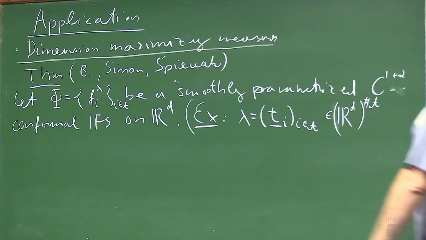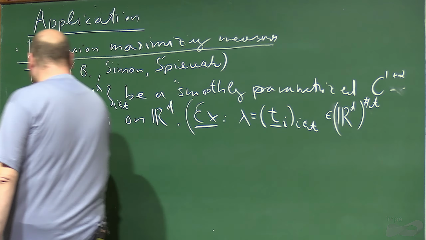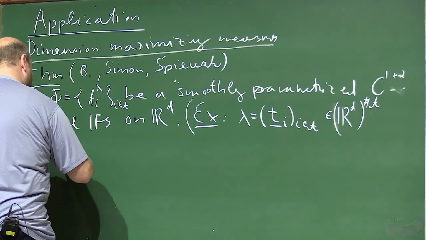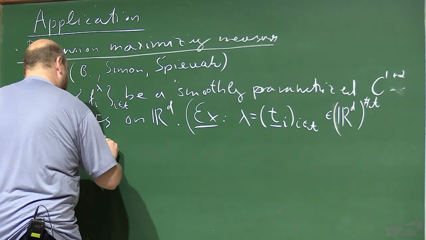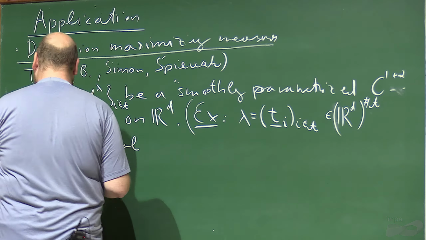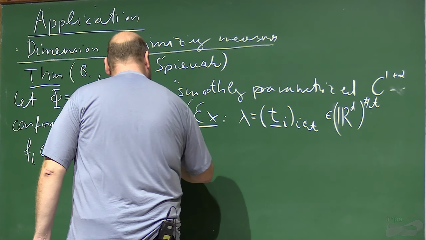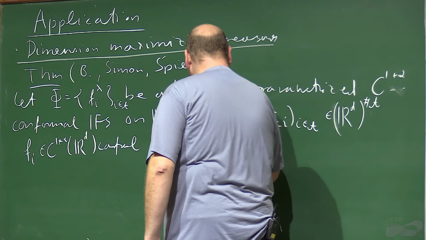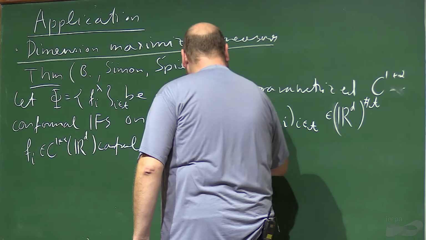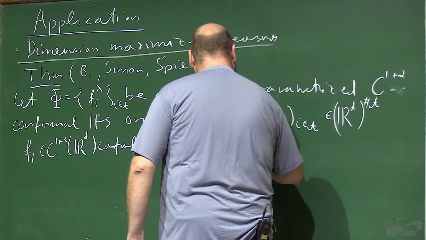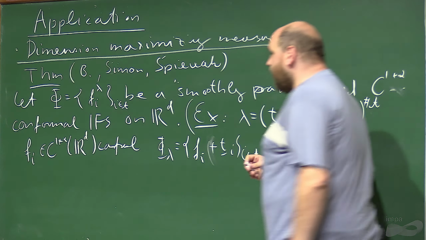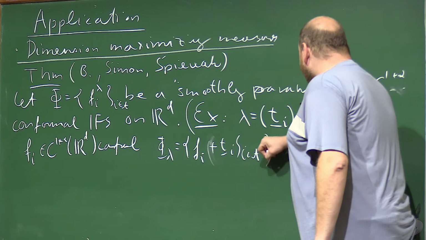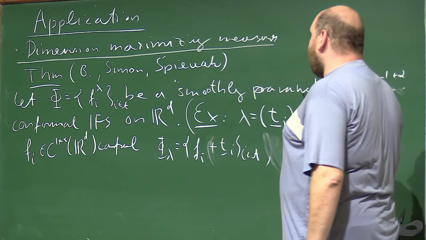So that space is the translation parameter space. The f_i's are C1 plus alpha conformal on R^d, and think about the parameterization as f_i plus these randomly chosen translation parameters. And also we assume that the GPS holds.